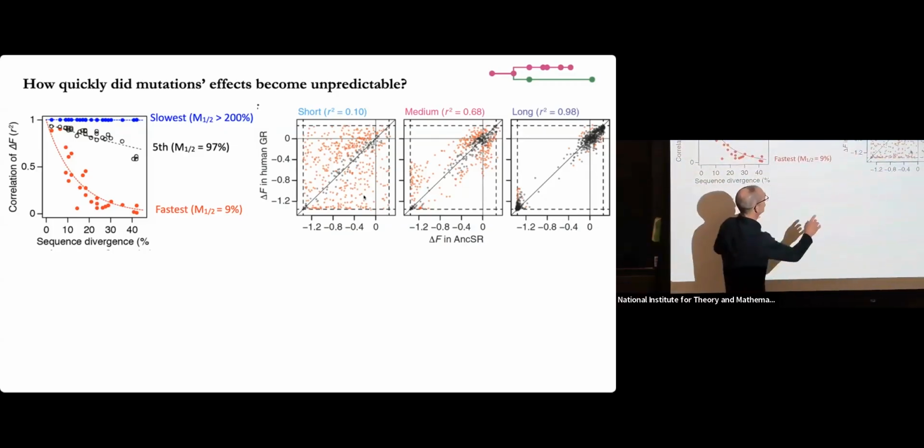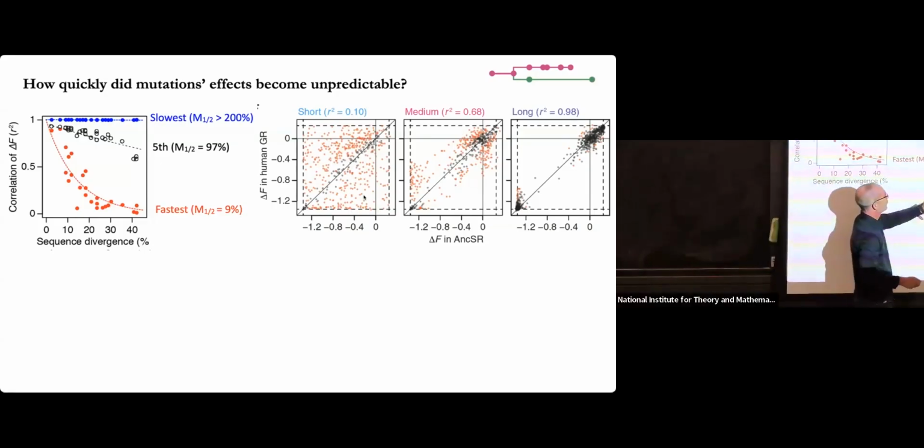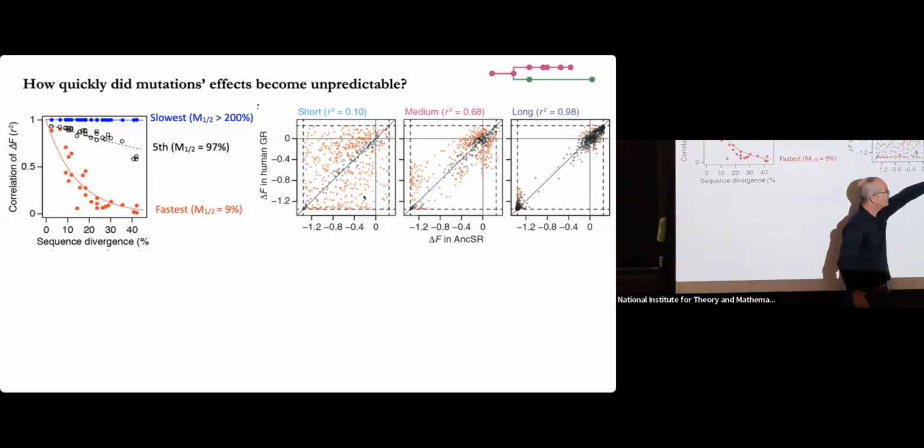So this shows you for 3 different categories the decorrelation that happens across the entire length of the phylogeny from this deep ancestor to one of the extant ones. So here's one that gets almost completely decorrelated, moderate decorrelation, little decorrelation.